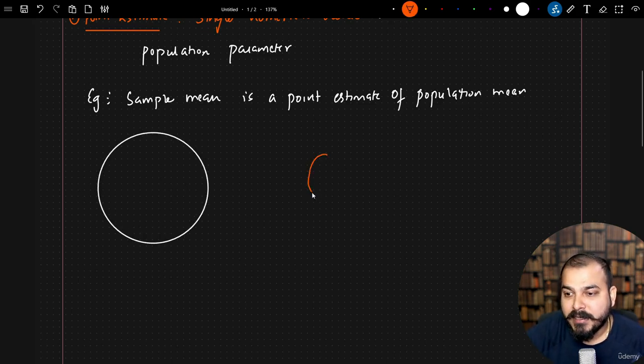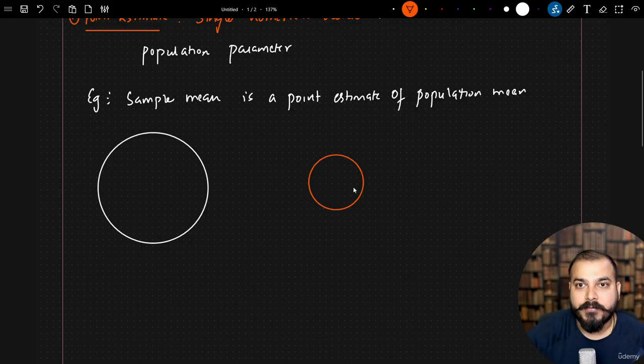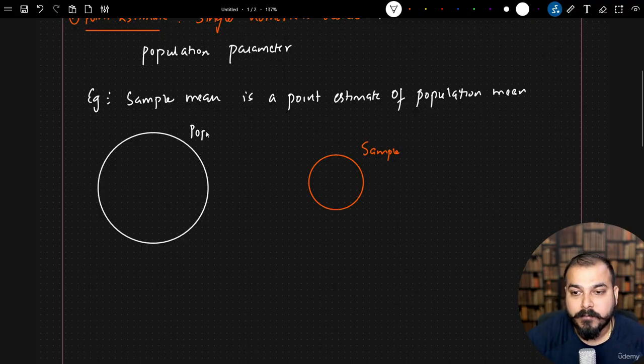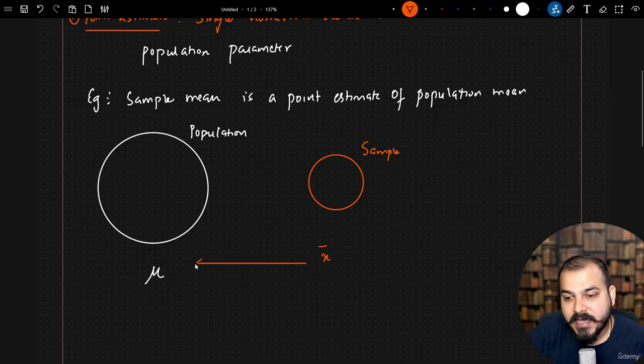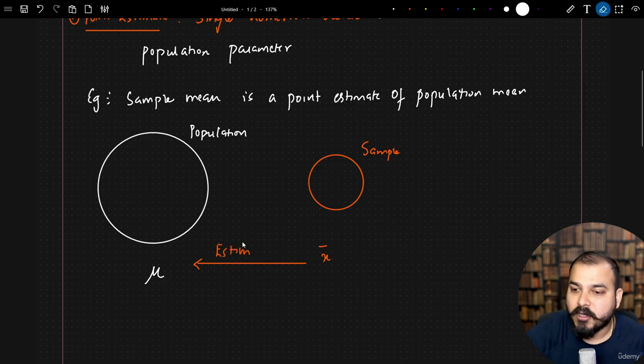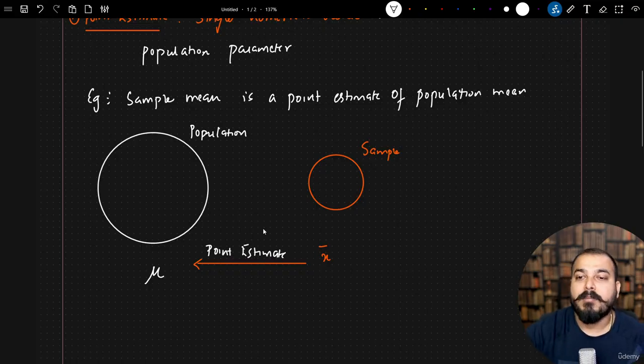If I consider a sample out of it, this is the sample and this is the population. With respect to the population, I will get the population mean, and with respect to the sample, I will get the sample mean. So I can say this sample mean is an estimate of the population mean. This is specifically a point estimate because it is just one value. We say this x bar is a point estimate of mu, which is the population mean.